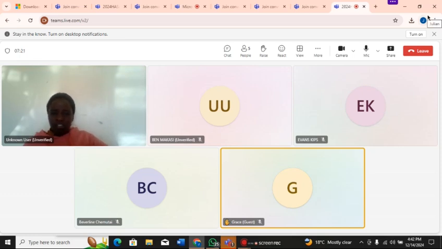Let us go to the characteristics of solid, liquid, and gases. That is the characteristic of matter. So let us begin by giving out the characteristics of gases. Can you try to give out the characteristics of gases? Grace, your hand is up.